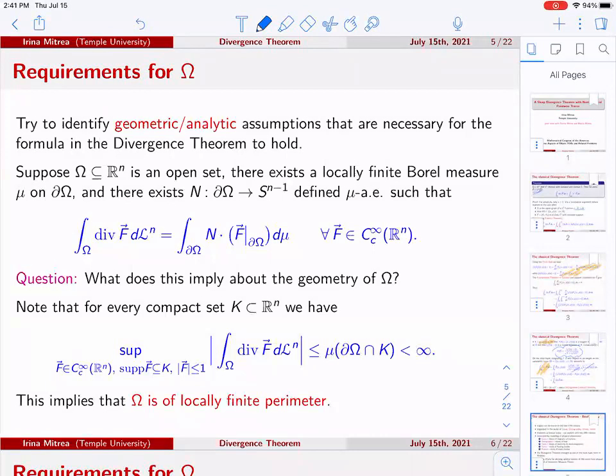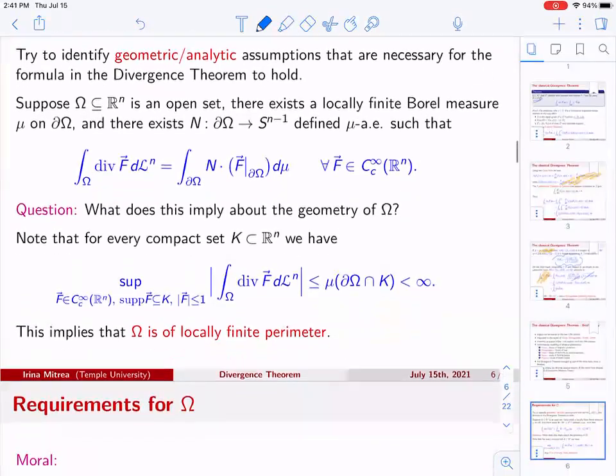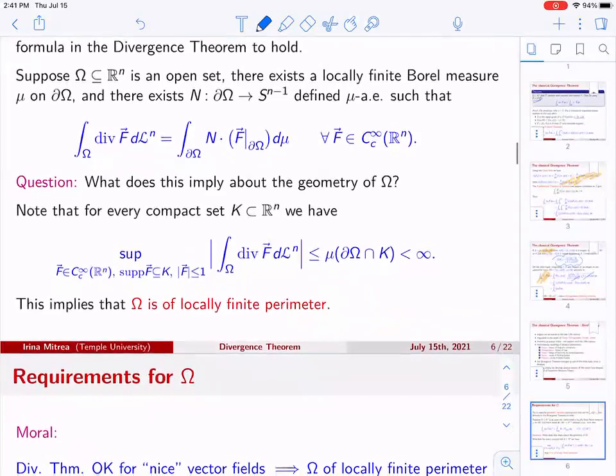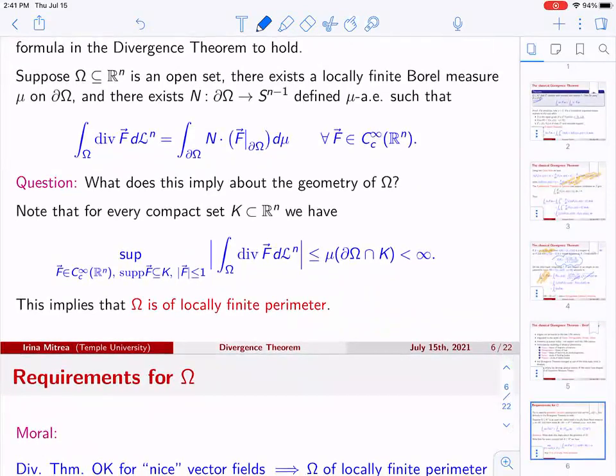So in trying to identify geometric assumptions for the domain omega such that the divergence formula holds, let me start with the following problem. Suppose that we have an open set, let's call it omega, and let's assume that we have a locally finite Borel measure mu on the boundary of the domain omega, not necessarily the surface measure, just a locally finite Borel measure.